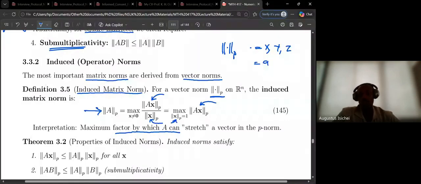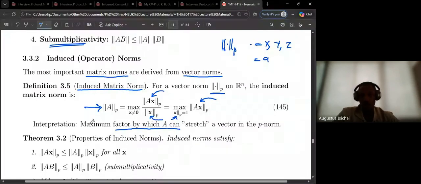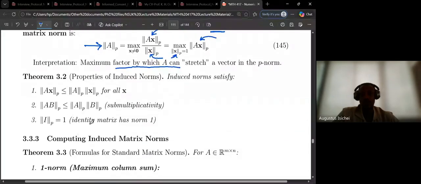So let's look at a theorem that backs up this idea of induced norm. Theorem 3.2.